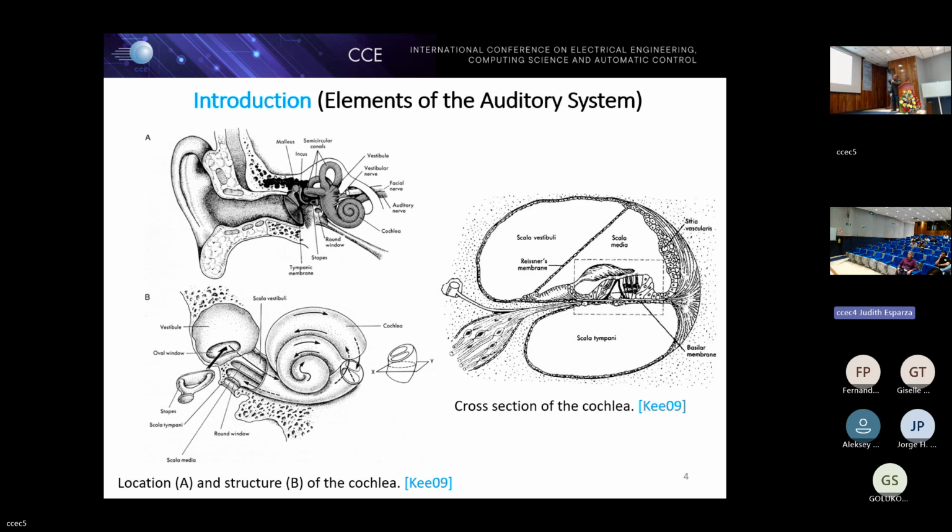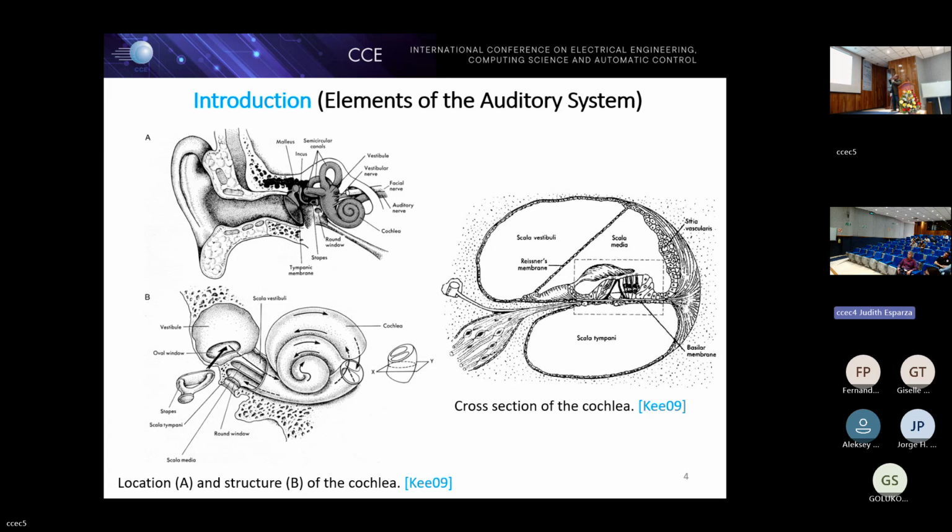This part is the scala vestibuli, this is the scala tympani, and this is the scala media. The basilar membrane is here. When a sound arrives at the system, the basilar membrane is excited at a specific point. This specific place corresponds to the specific frequency that excites the system.